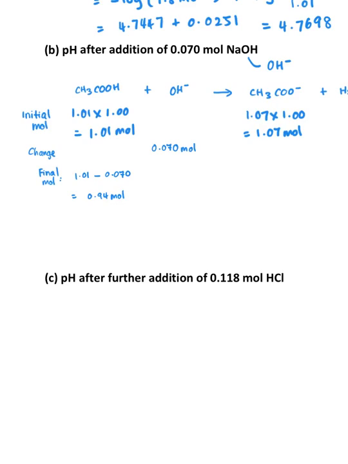And as for the acetate ion, initially we have 1.07 moles, but now the moles have increased because more acetate ion is being formed. And you have an increase of 0.07 moles. So now we have 1.14 moles of acetate ion.